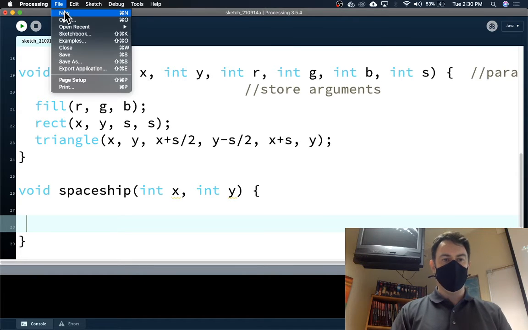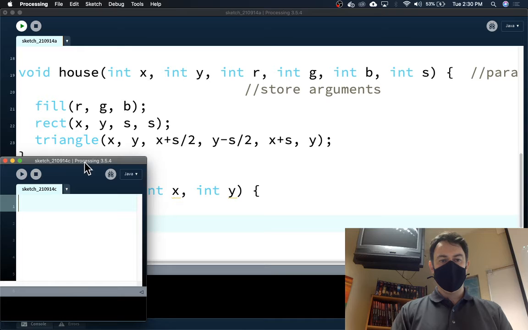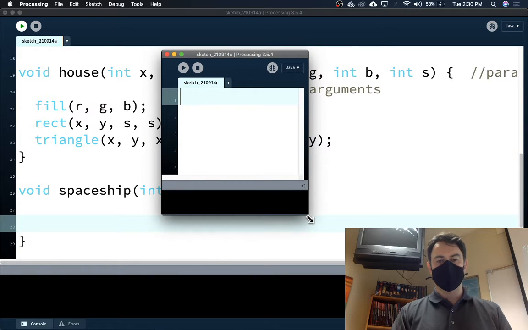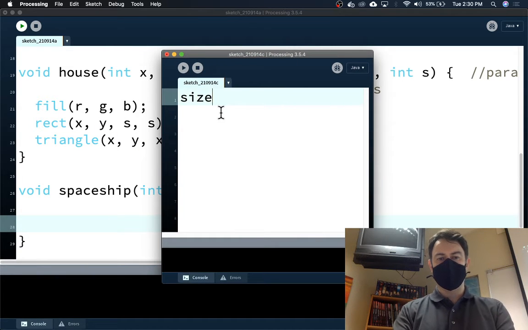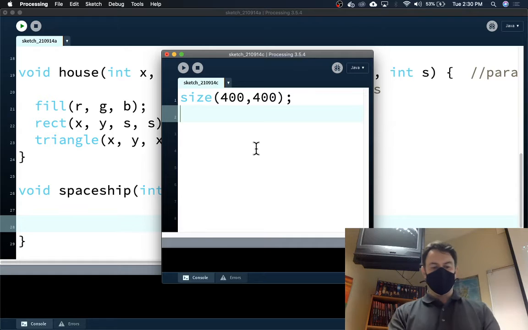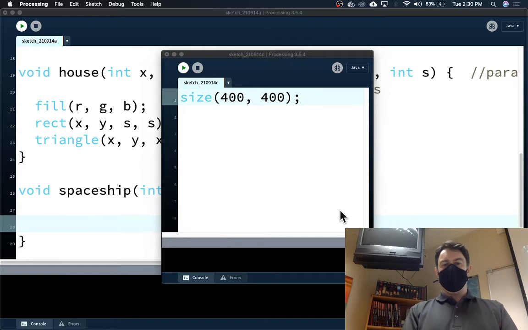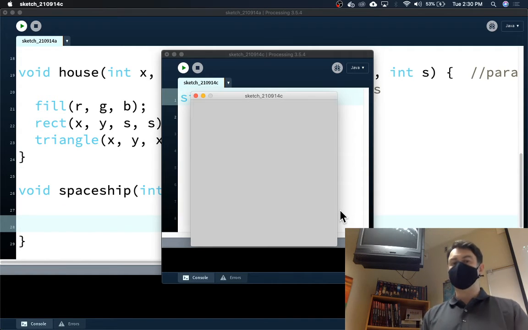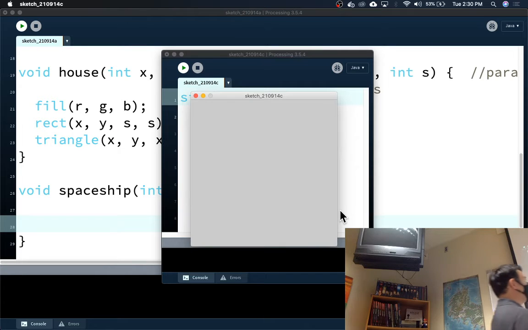I'm going to go File, New. Here's a new sketch. I'm going to make it maybe 400 by 400, the size of the window. And then I'll just run this. So when I draw my spaceship, it's really important to make it centered around 0, 0.